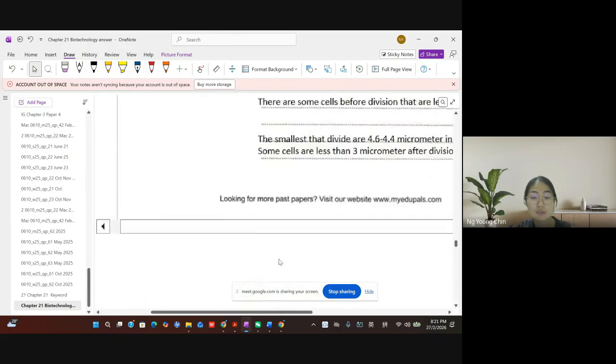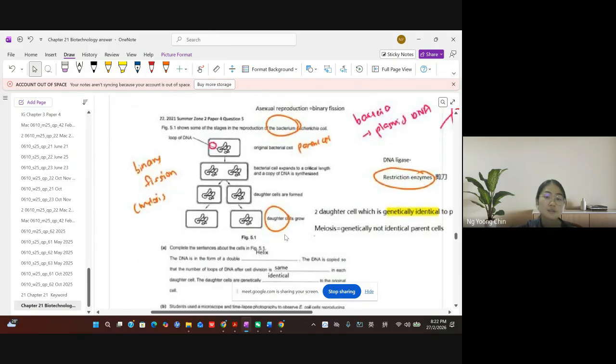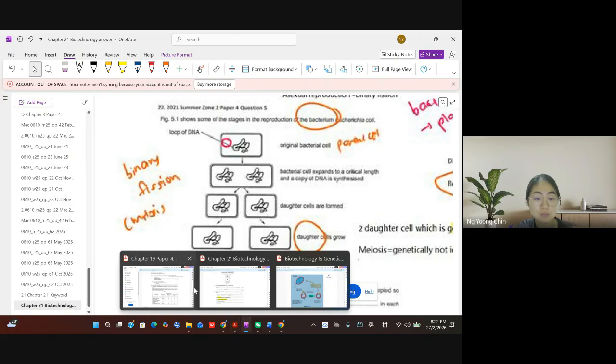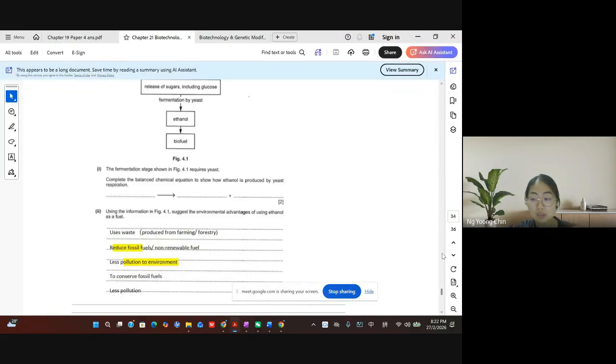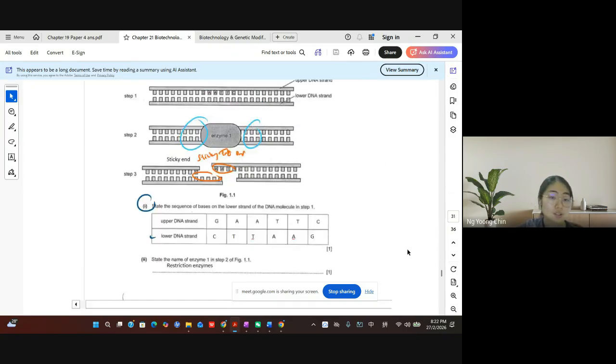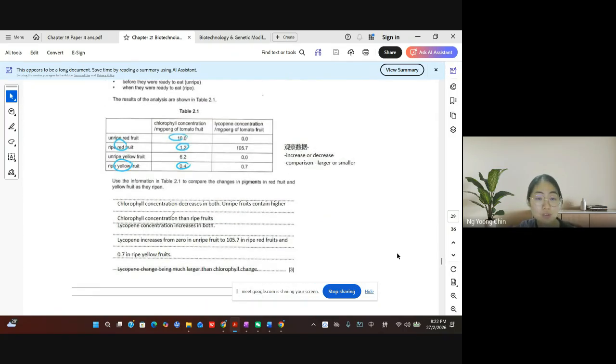Okay, and then for this one, here. I think I should show you the actual one, it will be better. It's quite blue and the wording is not too clear, so I better show you the actual one.